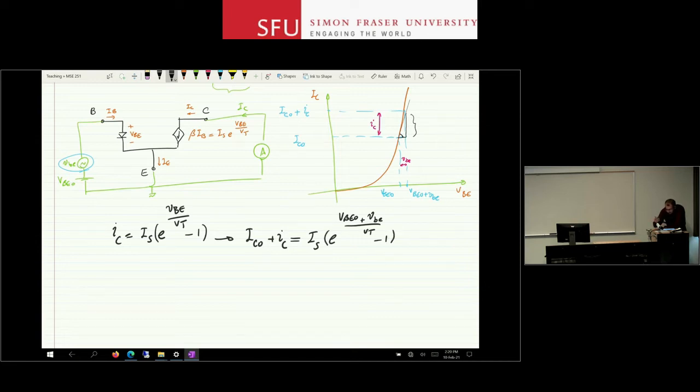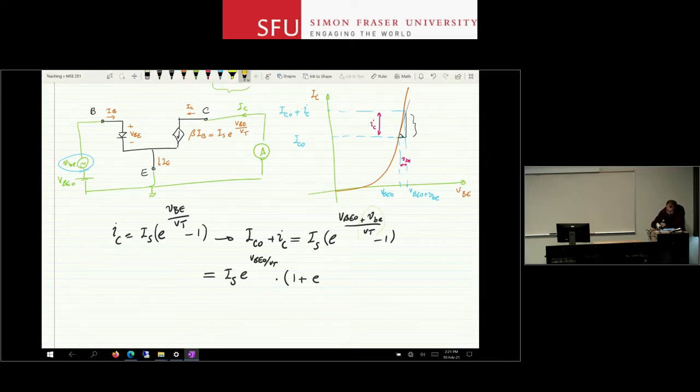And same thing that we did above, we looked at the Taylor series expansion. We do the same thing. We bring IS e to the VBE naught over VT out. So this is going to be equal to IS e to the VBE naught over VT times the Taylor series expansion of the second term, the e to the vbe over VT, so this part here, right?